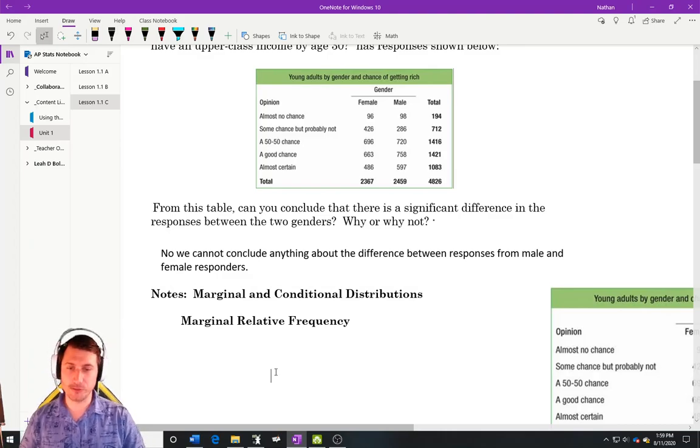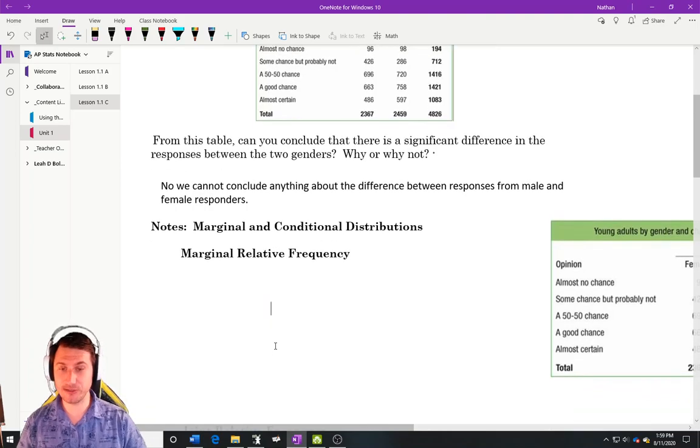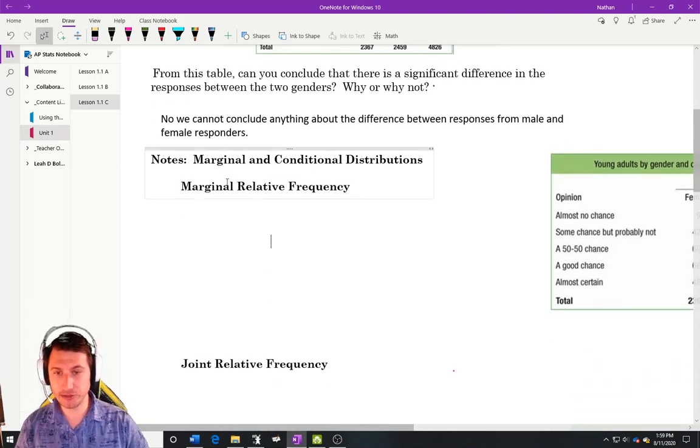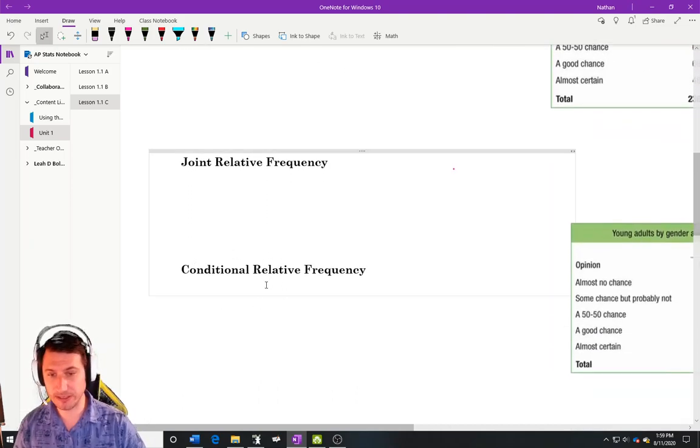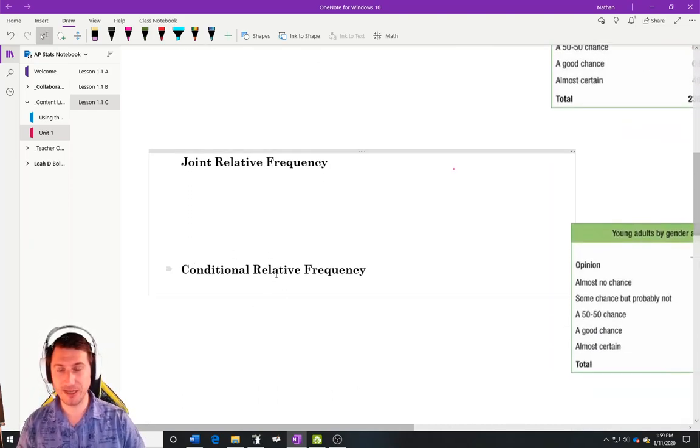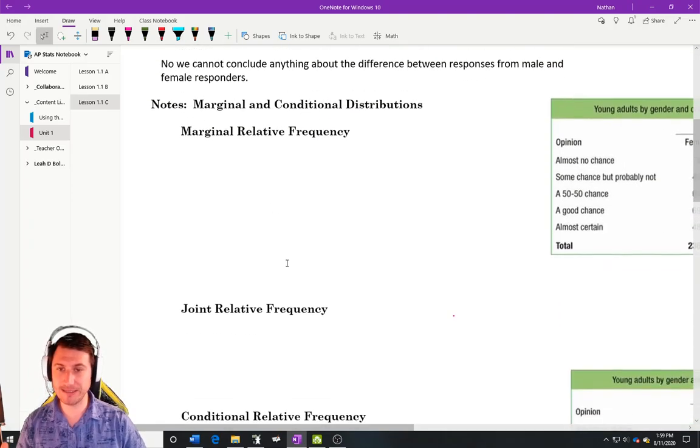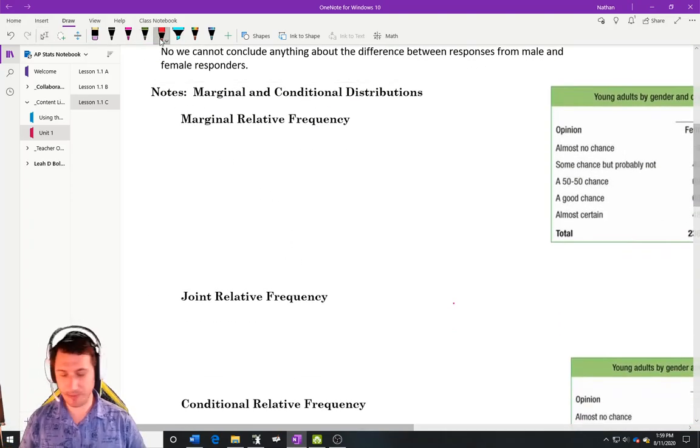So what can we do? There are 3 main types of proportions or percents that you can find. The marginal relative frequencies, the joint relative frequencies, and the conditional relative frequencies. There's 3 of them here. I know that looks complicated. Let's break it down so it doesn't seem so bad.